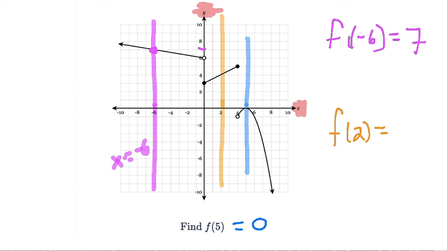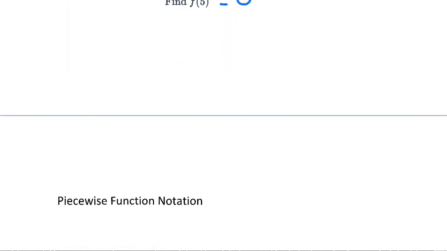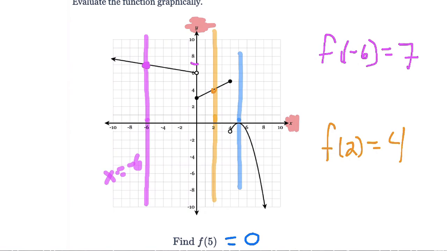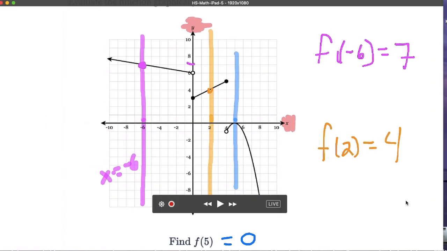It's right here, and it has a y value of 4. So there are different ways to determine what part of the graph we look at. It depends on what value for x we have. Now do those problems, and then you should be in good shape.